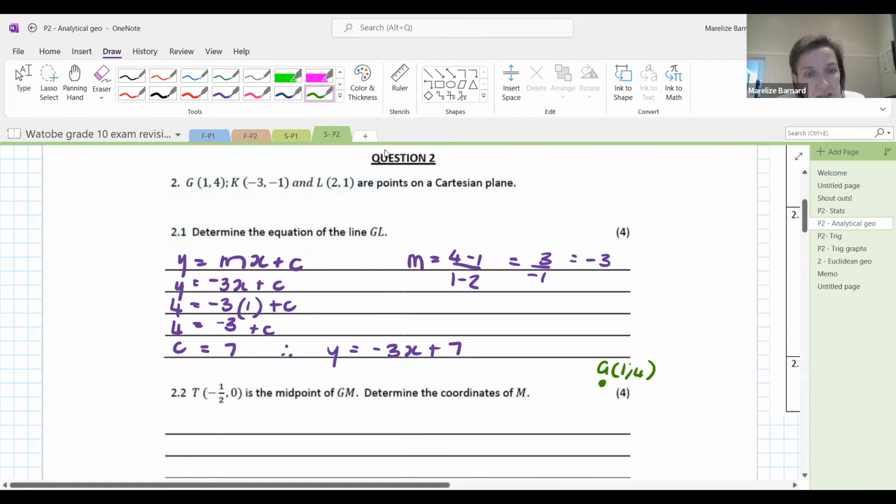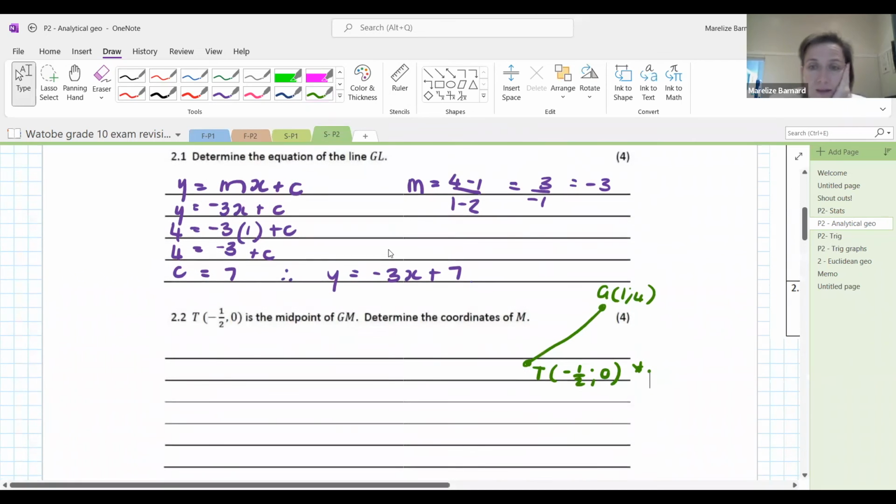And T sits on the y-axis, here at minus 1/2 and 0. So I have G and I have T, which is the midpoint. I'm going to make a star there because it's an important point. It's a midpoint. But this line carries on to point M.